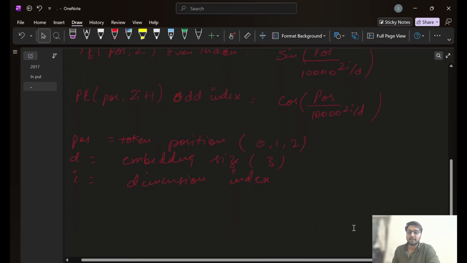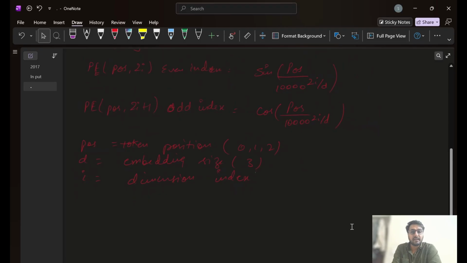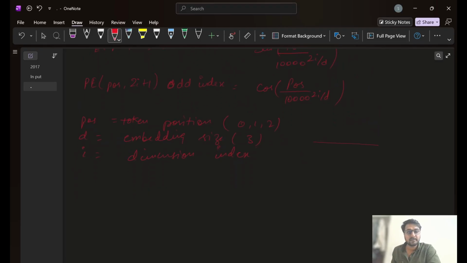Now let's understand why sine and cosine are used to compute the positional embeddings. The sine graph is smooth, and the cosine graph is similar. The first reason is that they are smooth curves, and the second reason is that they repeat after a certain interval, so that the model has information about the distance between the words.